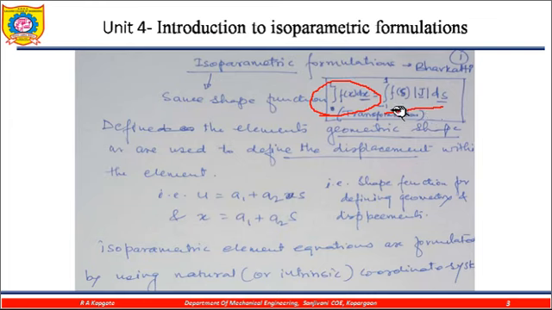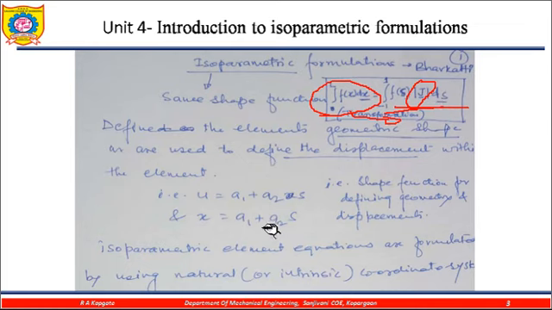So ultimately, mathematically, we first need to learn how to convert a global coordinate system into the natural coordinate system, and later on we need to solve this natural coordinate system by using Jacobian methods. So this is the mathematical difficulty in manipulating the isoparametric formulation.